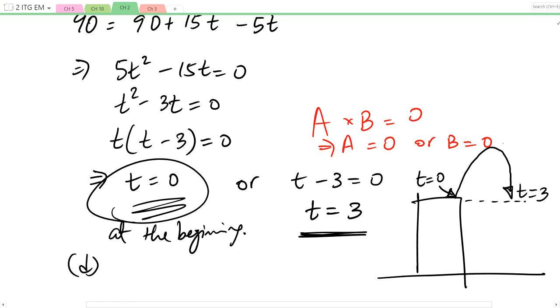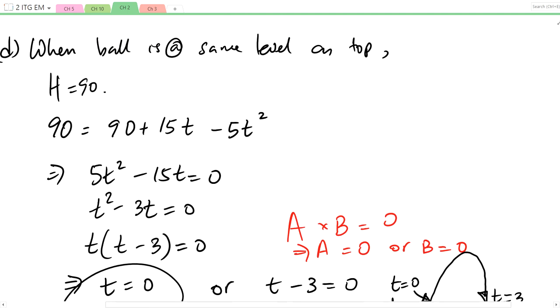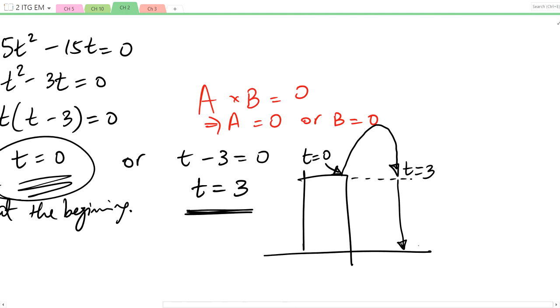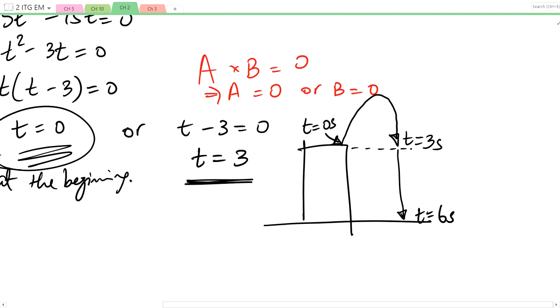Then it went up, came back down, time equals 3. Then when it continued to go down, time was equal to 6. Did we say 6? 6. So t equals 6 seconds. This is what is happening over here. So how long did the ball take to travel this part? 3 seconds. 6 minus 3.